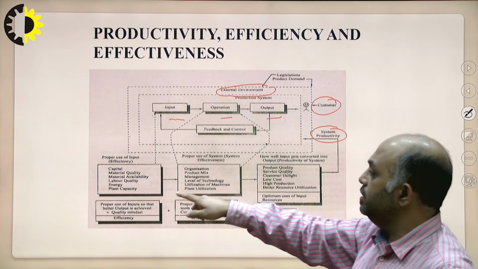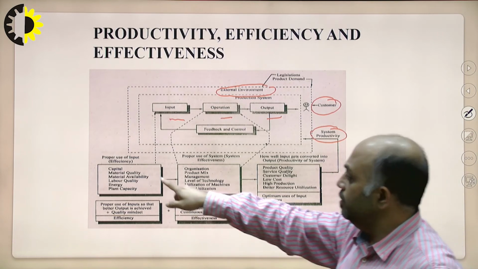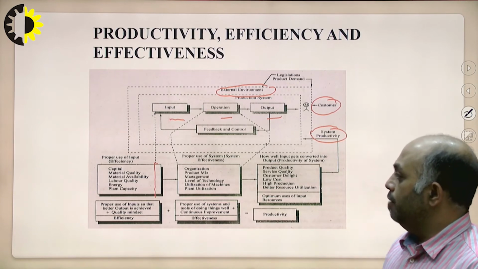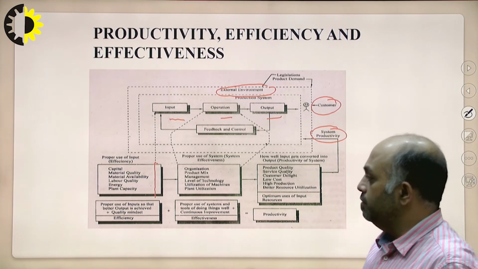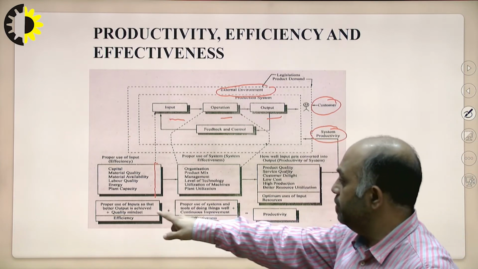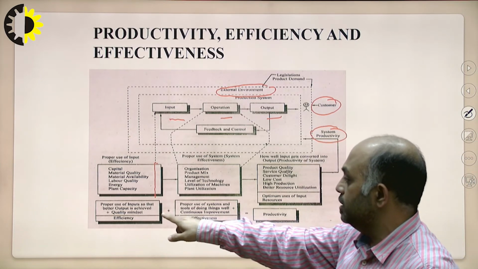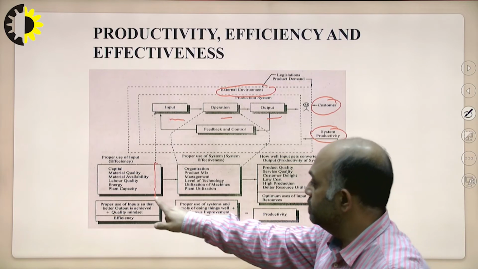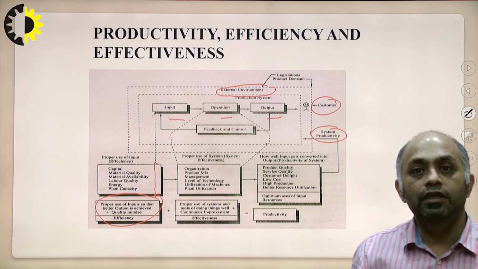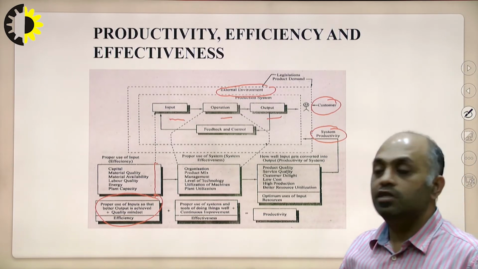If we really see here, the capital, material quality, material availability, labor quality, energy, plant capacity, and this is the proper use of input so that better output is achieved, plus the quality mindset. That is what efficiency is all about. It is how well we are using the resources of the system.